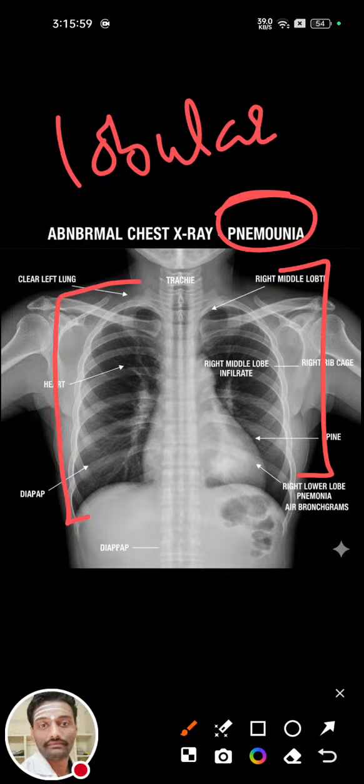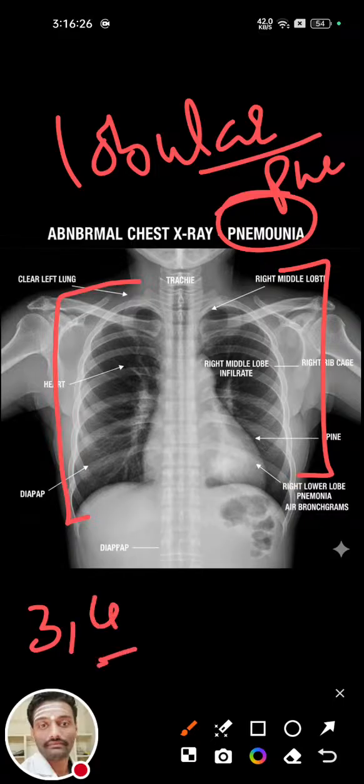Lobular pneumonia or bronchopneumonia is commonly seen in staph aureus or gram-negative infections.